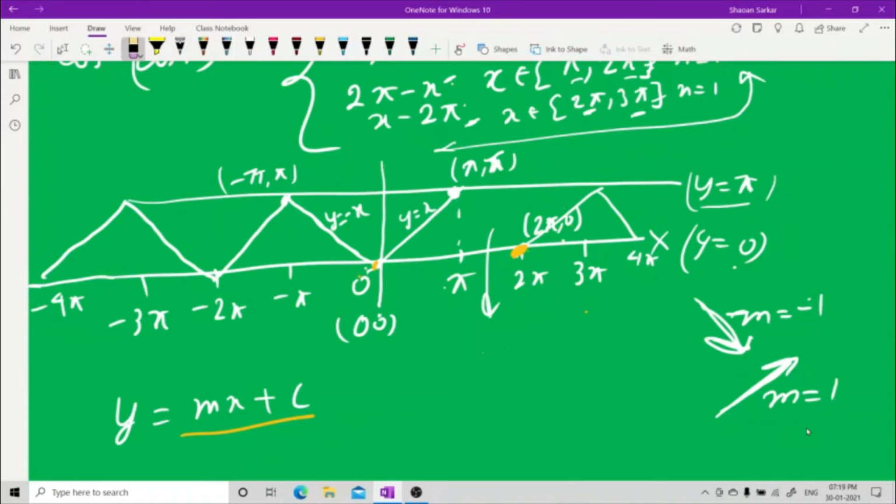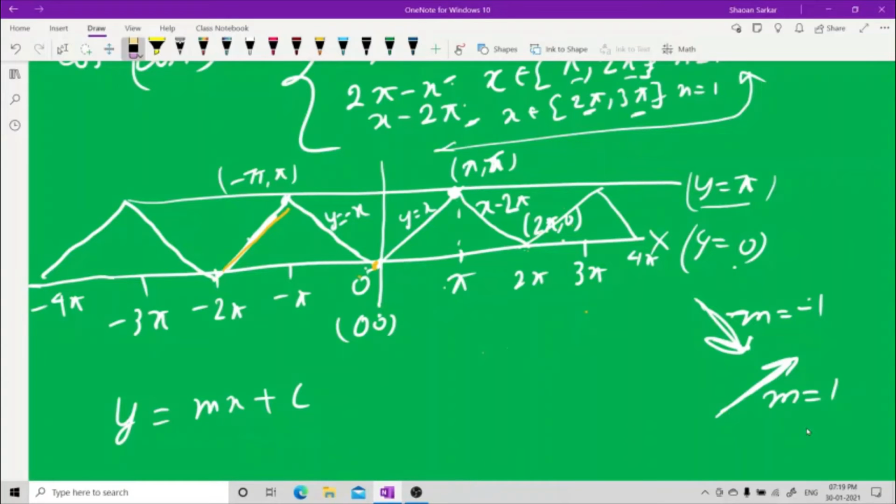So let's rub this. Yes, the equation of this line would be x minus 2 pi. Let's rub this also. Wait a minute. This got rubbed. Now let us come to this equation. This has a slope plus 1.